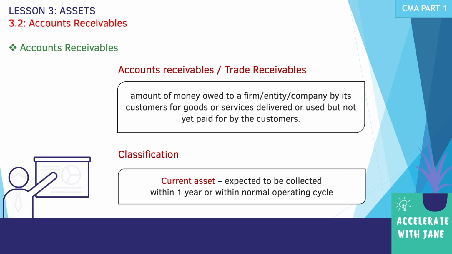For example, the customer is given a period in which to pay, say within 60 days or within 90 days. Thus, the receivables are expected to be collected within 1 year or within the normal operating cycle of a business. As such, the usual classification of receivables is current asset.